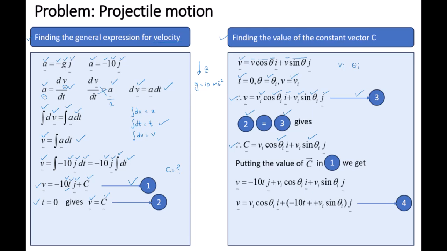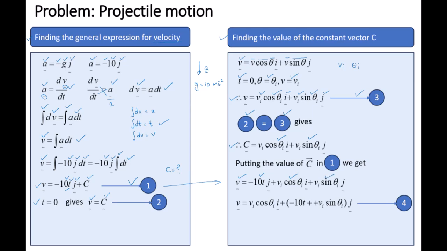Now, if we put the value of c in equation 1, equation 1 will become something like this. Velocity will be equal to minus 10t times j plus the initial velocity we have seen before, vi cos theta i i plus vi sine theta i j.